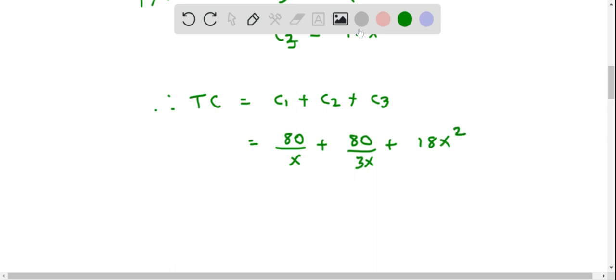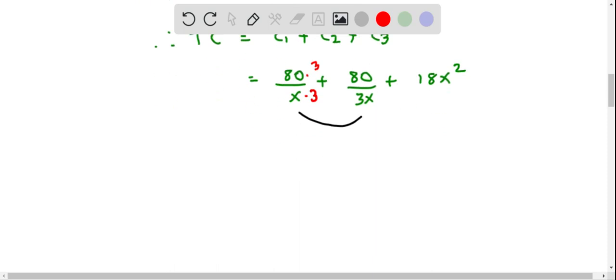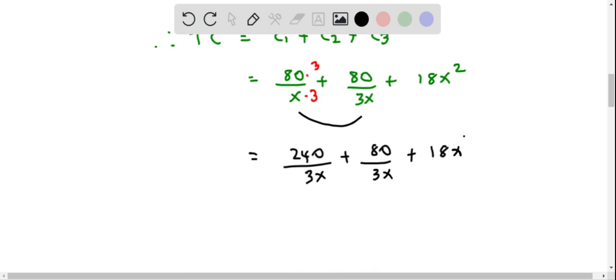This expression can be further simplified. Notice that these two are almost like terms. We just have to multiply and divide this quantity by 3 so that we get the least common denominator of 3x and we can add them together. So this becomes 80 times 3 is 240 over x times 3 is 3x, plus we already have this 80 over 3x, plus 18x squared.